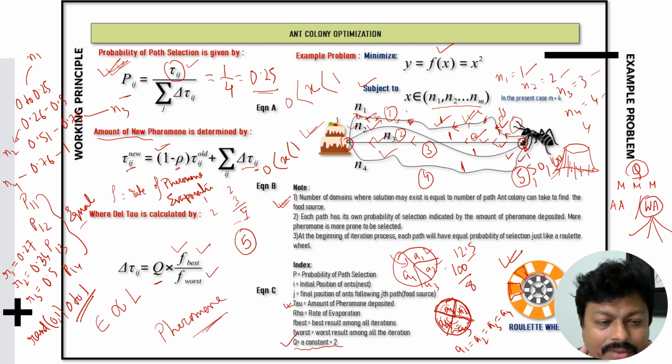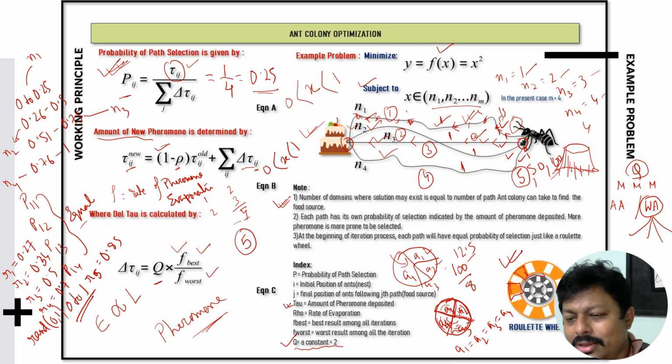R3 is 0.5, R4 is 0.7, R5 is suppose 0.85, right? So there are 5 ants, 5 random numbers to be generated, and these are the random numbers: 0.27, 0.34, 0.5, 0.7, 0.85.